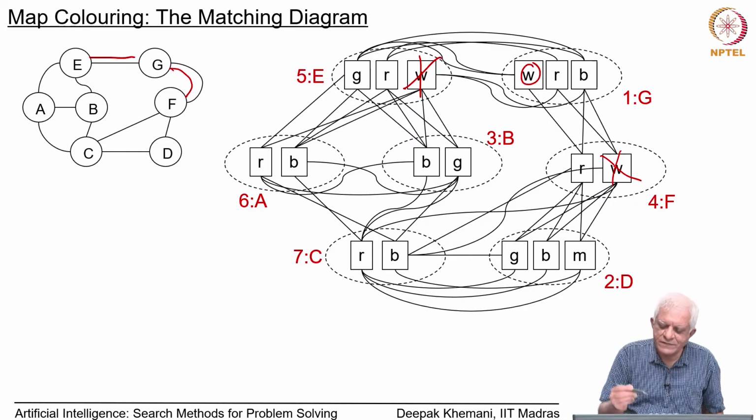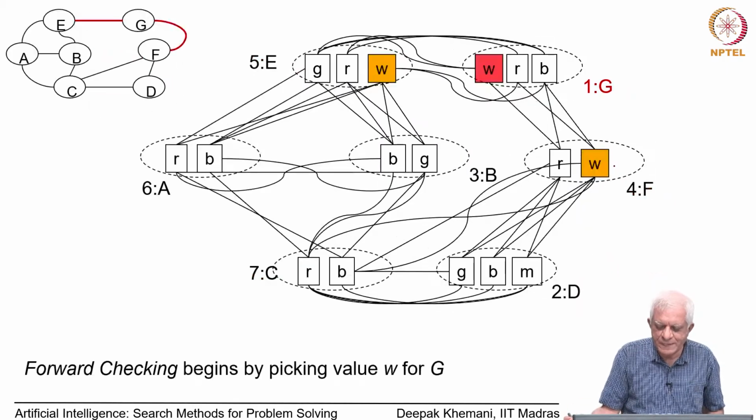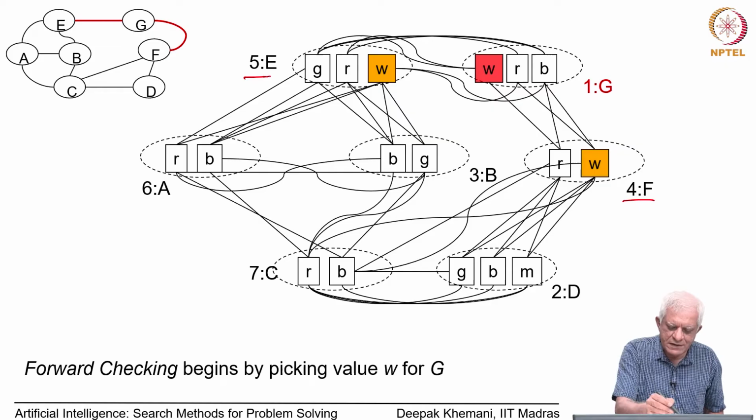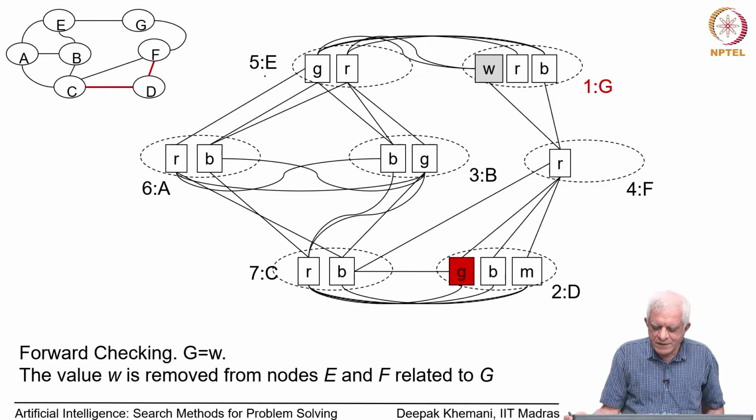So, we will follow the progress for a few rounds. We pick the value W, and as you can see, those two values W for F and E will be deleted. Then we will pick for the second variable the first value, which is G, but it is not conflicting with anything, so we will move ahead.